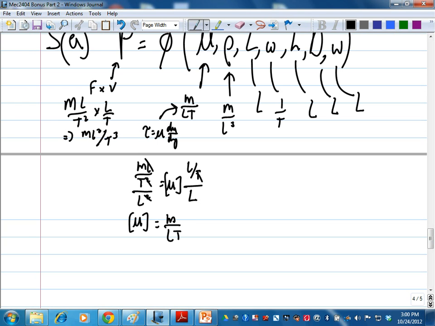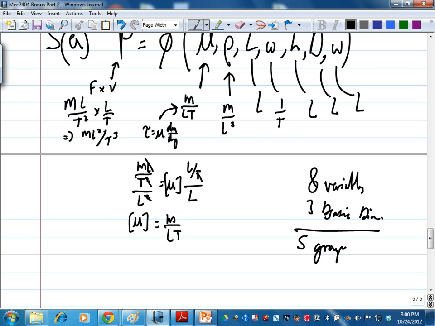So, usual suspects, you choose 1, 2, 3, 4, 5, 6, 7, 8. Got 8 variables. You have 3 basic dimensions. So 8 minus 3, you get 5 groups. Normally, there's a rule for which 3 you choose.